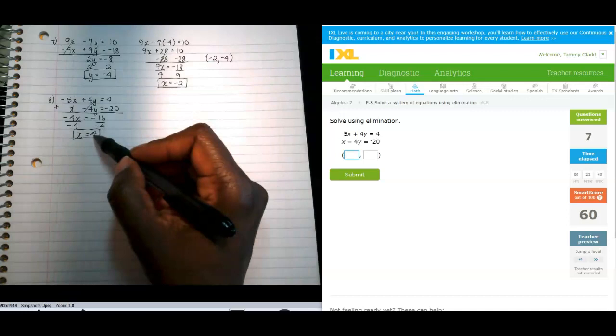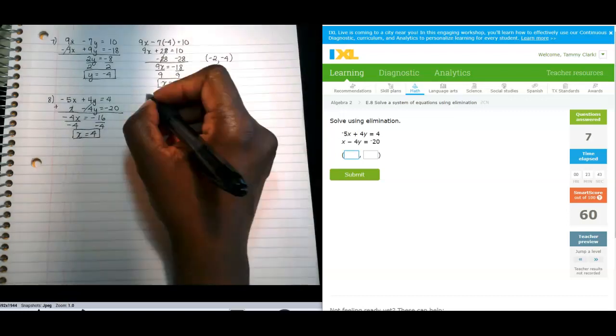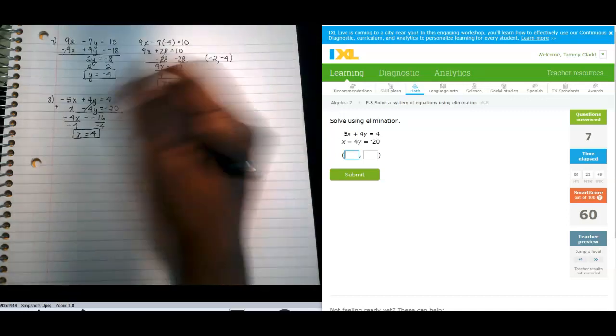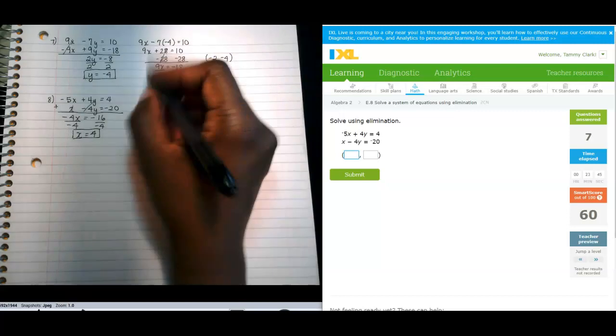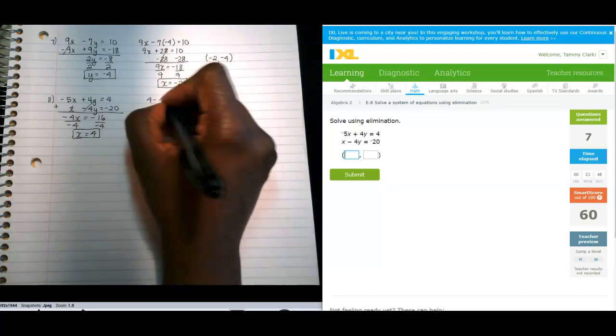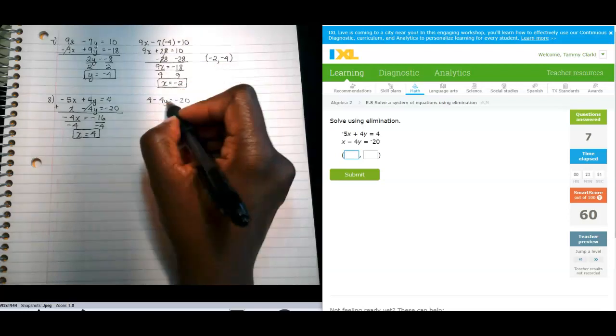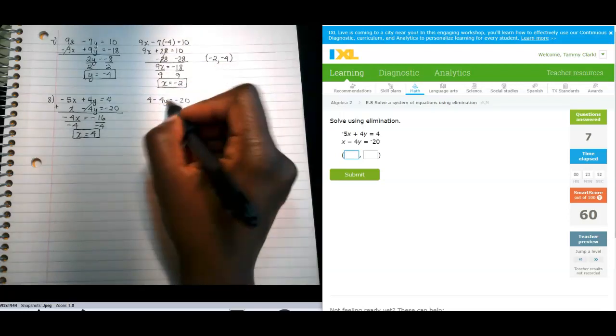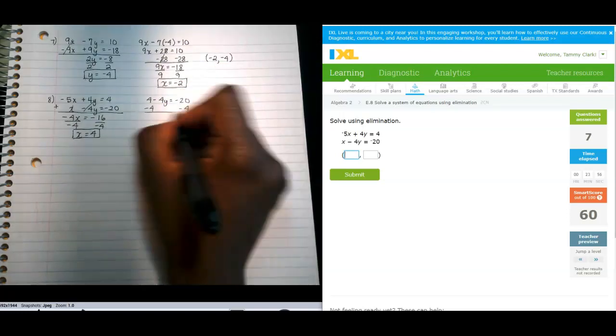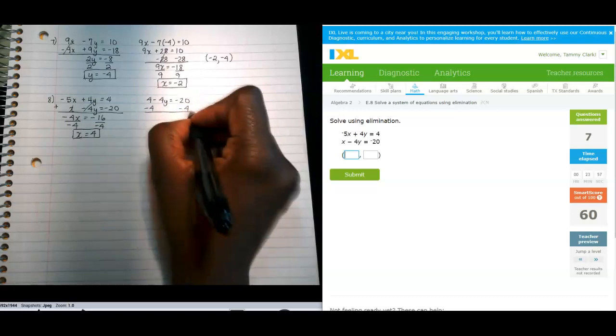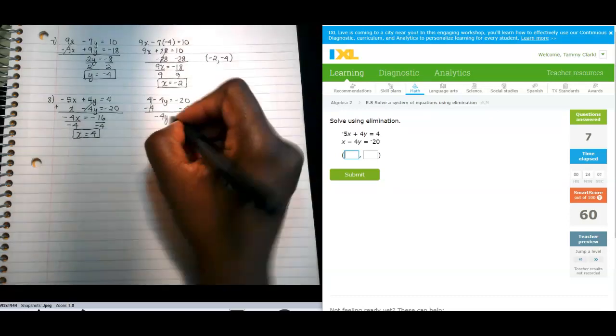We're going to take our value of 4, place it into either of the equations. I think I'll use this bottom one. So I've got 4 minus 4y is equal to -20. I want to start getting y alone by eliminating the 4 on the left side and adding it to the right side of the equation.